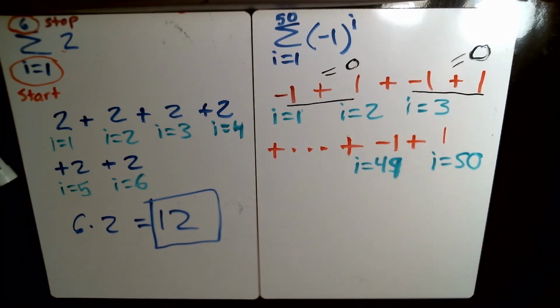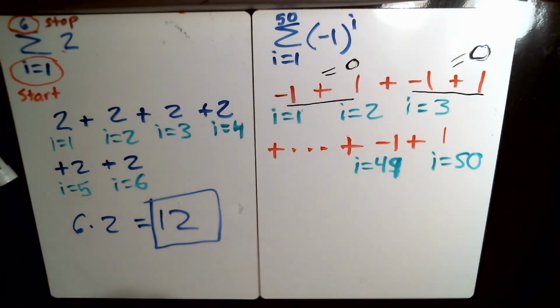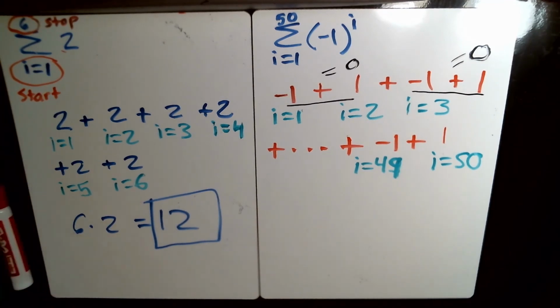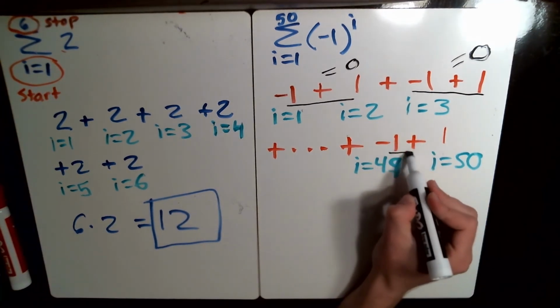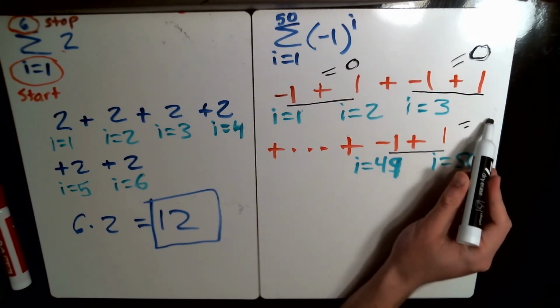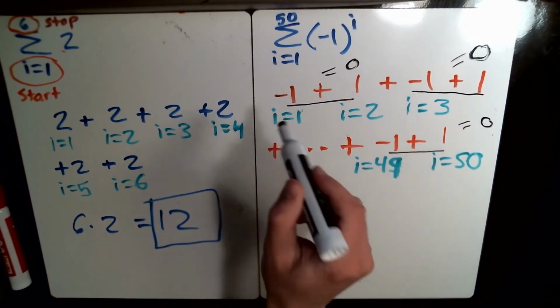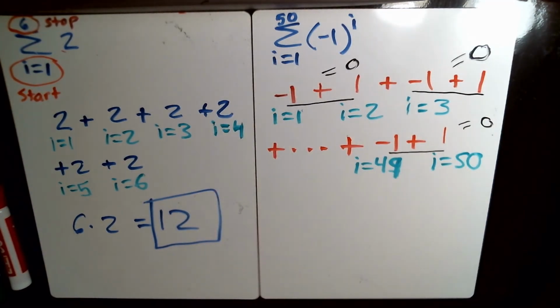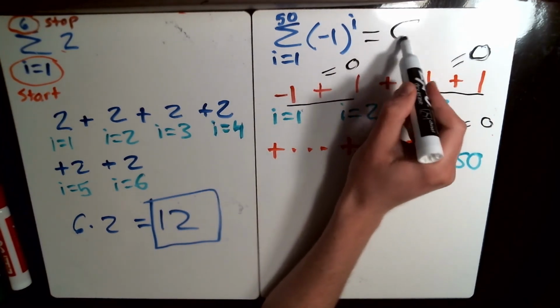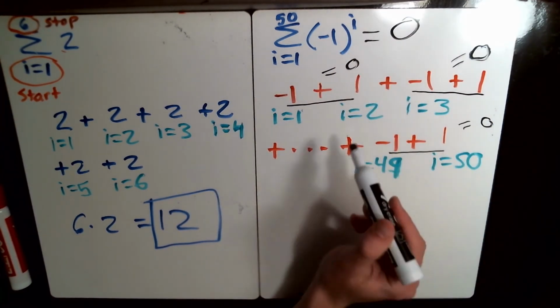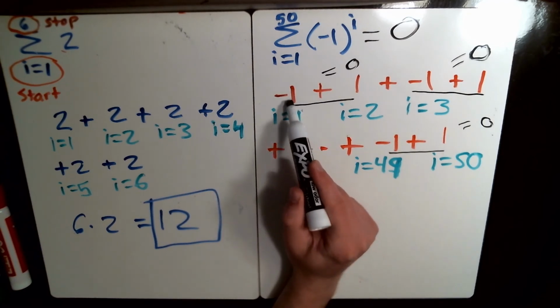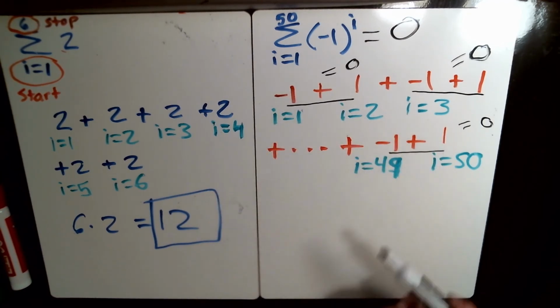Now notice it's always the -1 cancels out with the 1 after it, so these two here are going to cancel out to 0 as well. So essentially this whole sum here is just 0 because everything will be canceling out as you add this up.